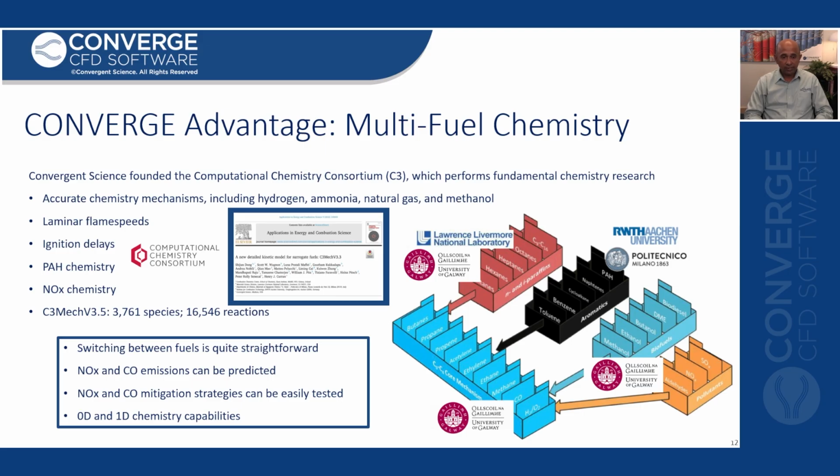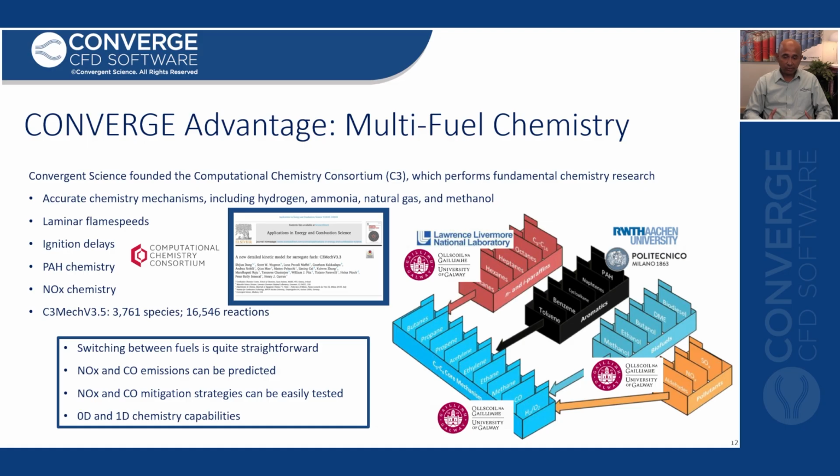Now, Convergent Science founded the Computational Chemistry Consortium, or C3 for short, which does fundamental chemistry research. The goal of this consortium is to find accurate fuel chemistry, including hydrogen, ammonia, natural gas, and methanol, which have become really important renewable fuels lately.